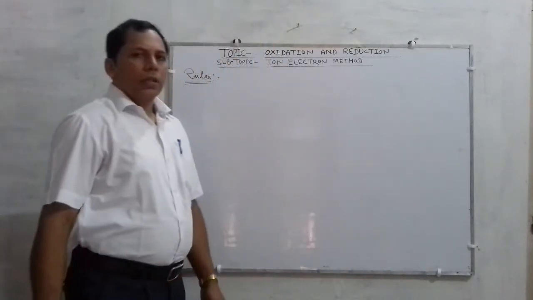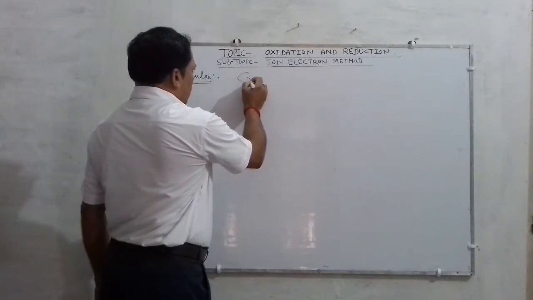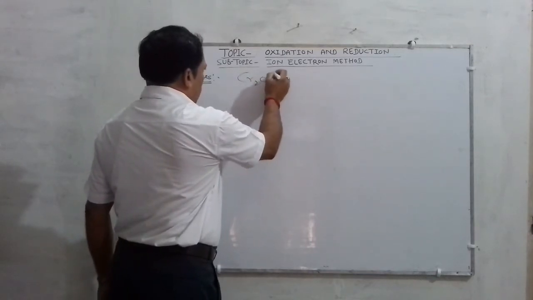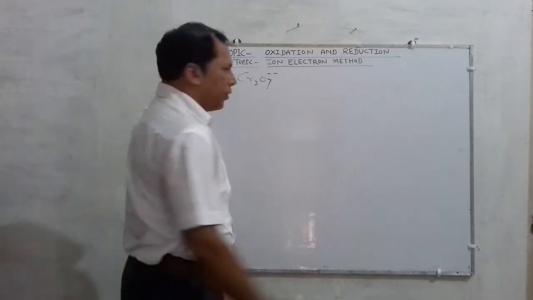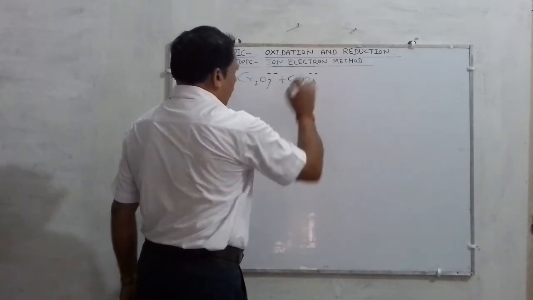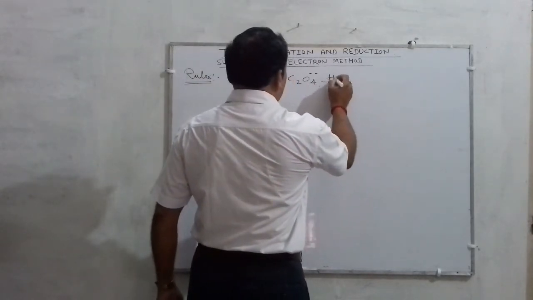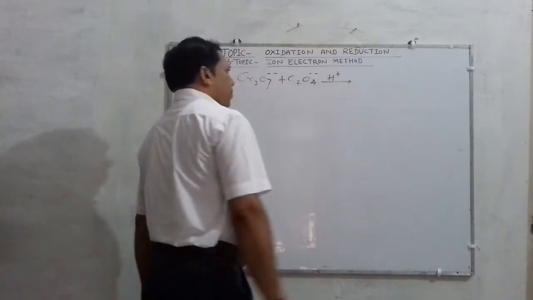Suppose the reaction which you have to balance is Cr2O7 2- plus C2O4 2-, taking place in acidic medium.